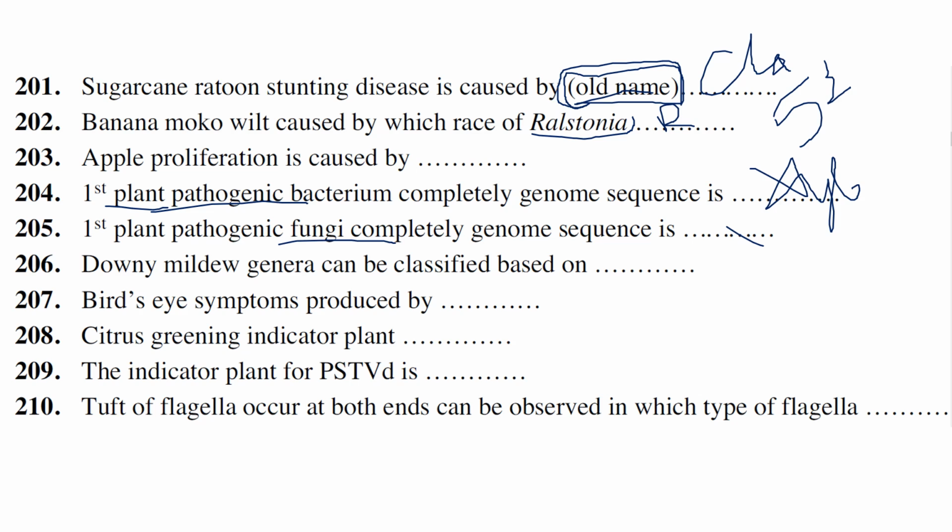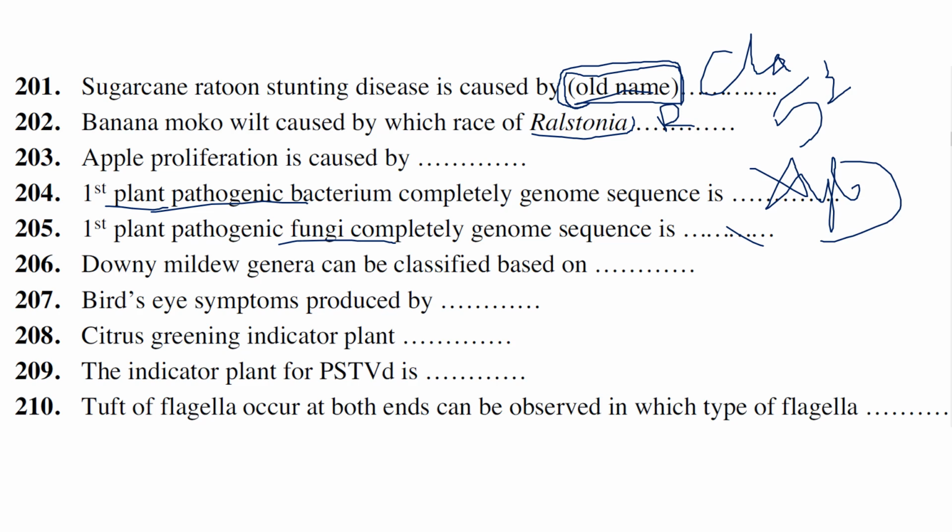Please go to the playlist section and see the NET question papers, previous NET question papers, where we have started from 2006, 7, 9, 14-1, 14-2, 18-1, 18-2, 2019, 21, 23, up to 23 we have published. For 21, please go through that section and see this question was asked. So genome sequencing related to bacteria, something like that. First plant pathogenic bacteria and fungi I have told. To have a better understanding, on the next slide I have placed the genome sequencing of the plant pathogenic organisms.